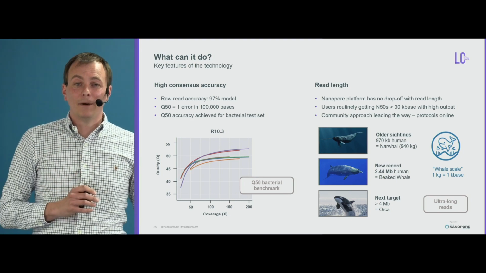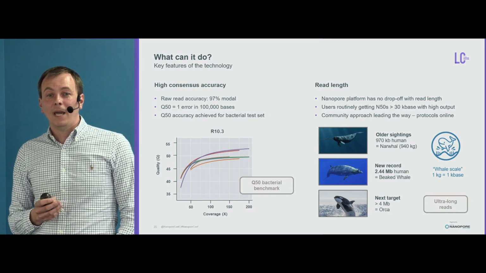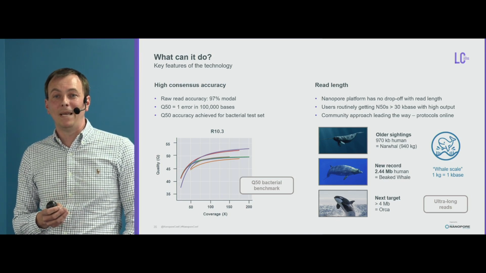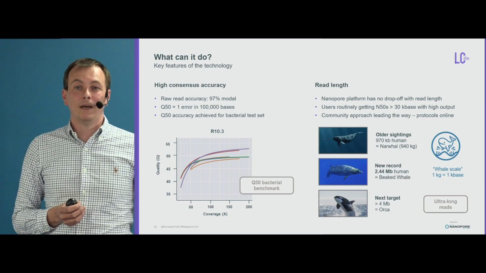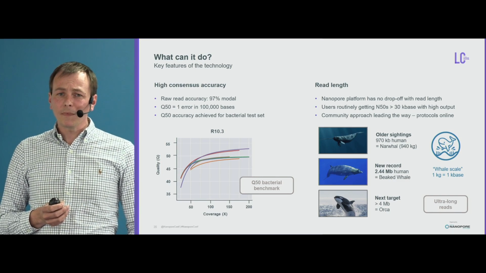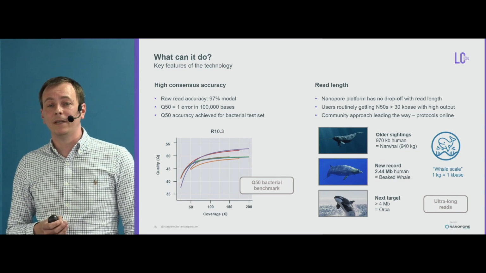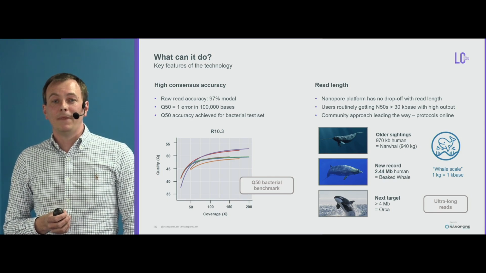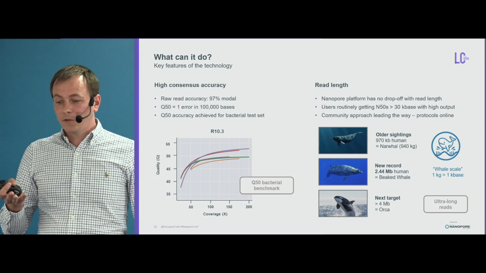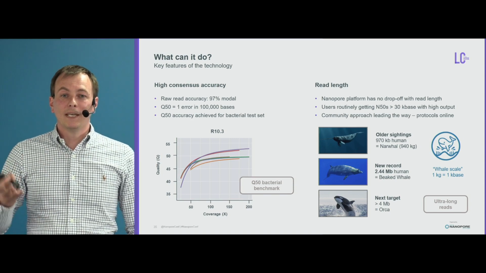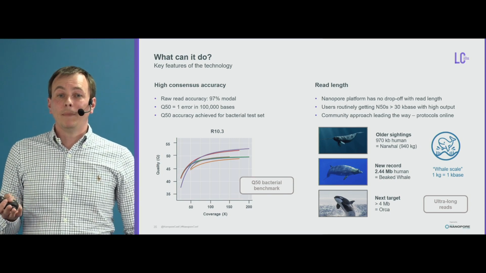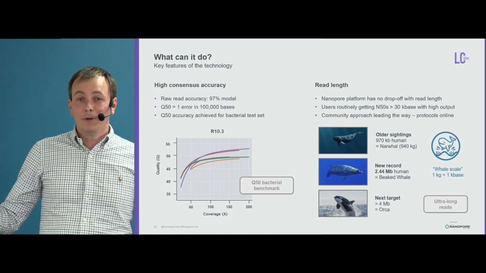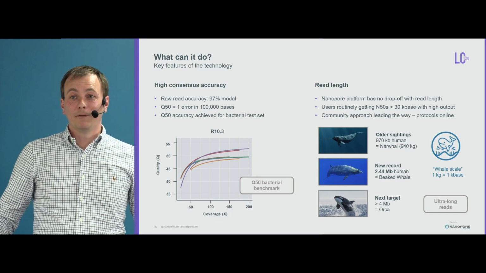They have this whale scale for naming their reads, and as far as I know, the current record is at 2.44 million bases of a human sample. And to put that in context, if we're sequencing at 400 to 450 bases a second, you could put that strand into a nanopore, that single molecule going through the pore, and you could go and watch an entire game of football, you could come back, and it would still be going through that pore.